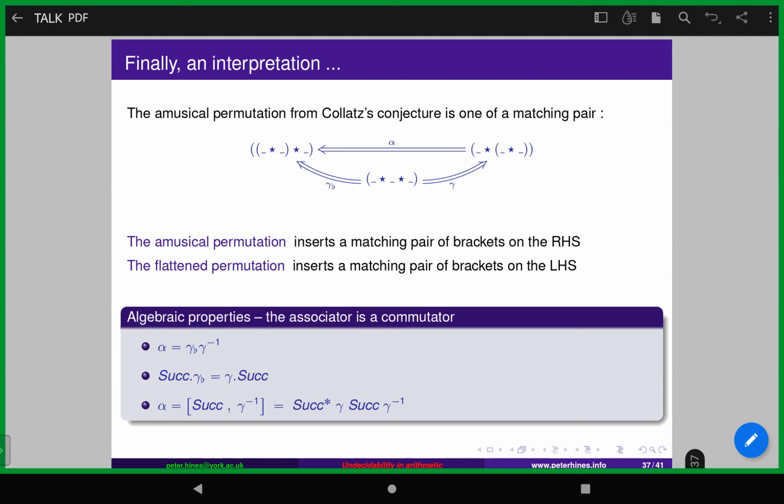If we pass the successor function through the amusical permutation, what we have is the flattened permutation instead. And bringing these two together, we discover that the associator from linear logic, we can write it as a commutator, provided that we're happy to accept generalized inverses. So it's the commutator of the successor function and the inverse of the amusical permutation.